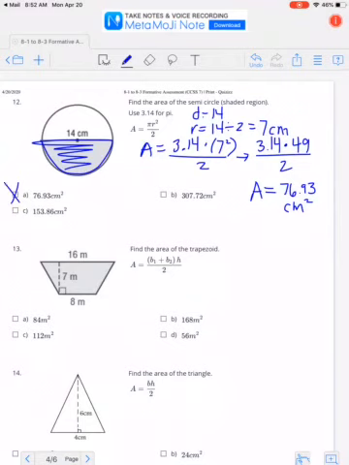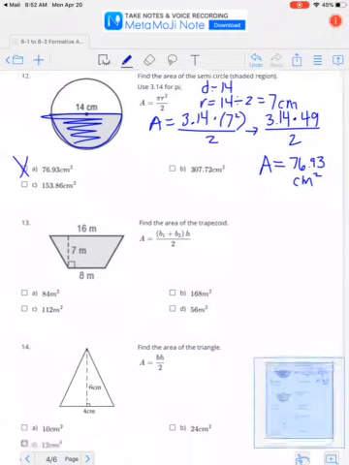That would be letter A. Now, if you got 153.86 centimeters squared, you're on your way to getting the correct answer, but you have to divide by 2, because what you did is you found the entire area of the full circle, but we are only looking for half.